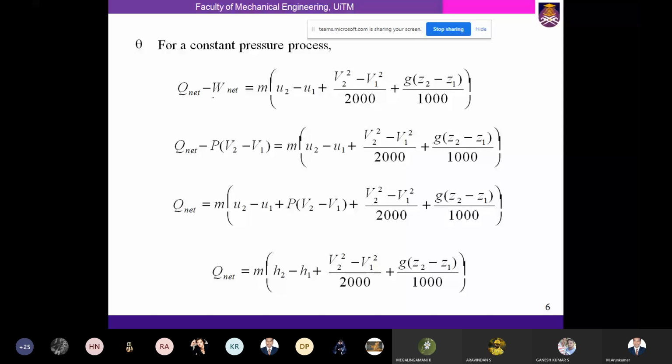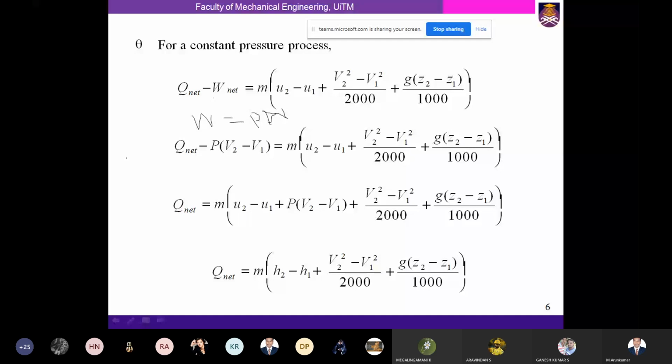For a constant pressure process, W is equal to P delta V, that is P into V2 minus V1, which can be substituted for W in the energy equation. So we have Q net minus P into V2 minus V1 equal to M into change in internal energy plus change in kinetic energy plus change in potential energy.